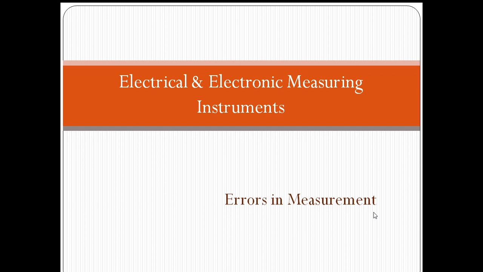Now, in this video lesson, we will mainly focus on the different types of errors which may occur in a measuring instrument. So what are the different types of errors which may occur, that we will look into in this video lesson.